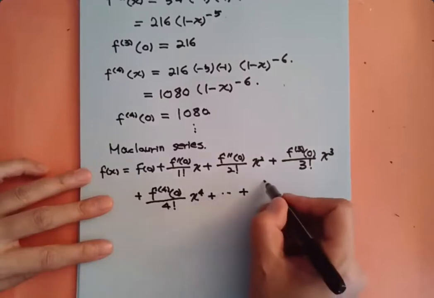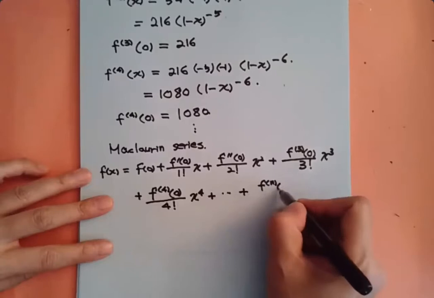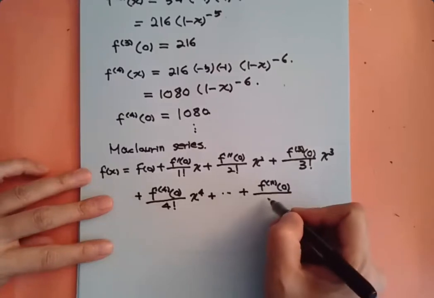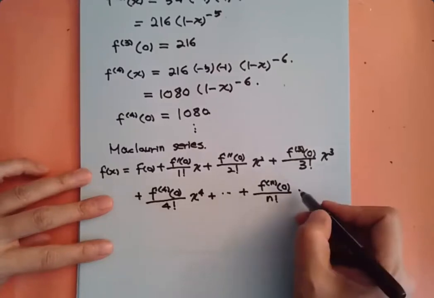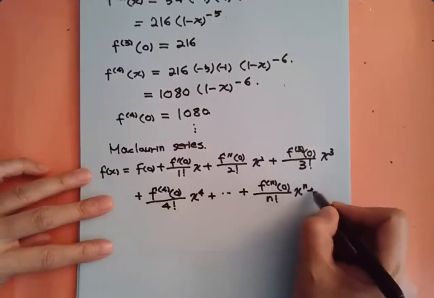So the nth derivative of f at 0 over n factorial x to the n power.